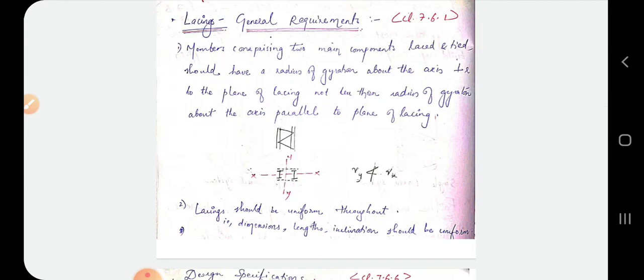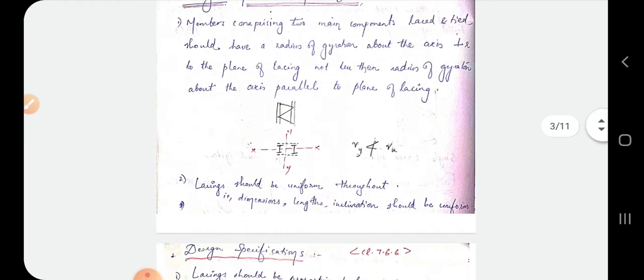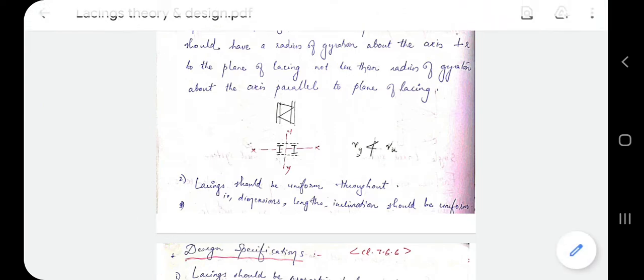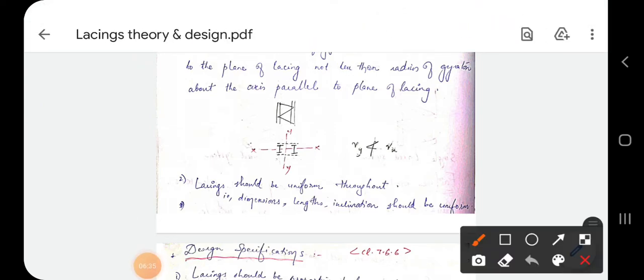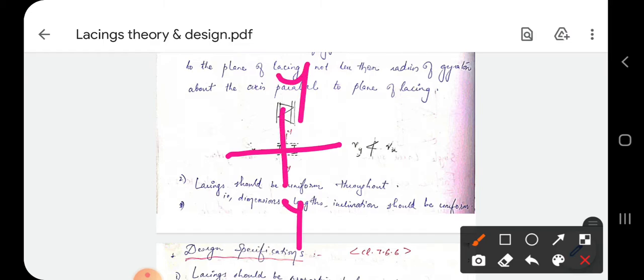The first point is that members comprising two main components laced and tied should have a radius of gyration about the axis perpendicular to the plane of lacing not less than the radius of gyration about the axis parallel to the plane of lacing. You can see here, XX is the axis parallel to the lacing system and YY is the axis perpendicular to the lacing system.